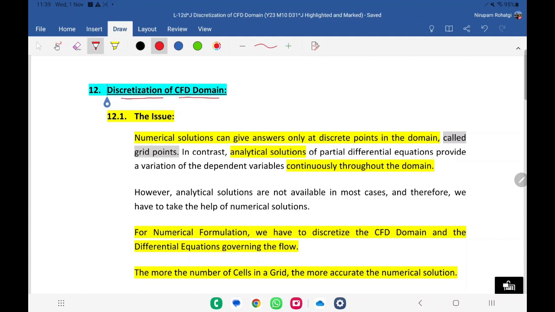So the numerical solutions can give answers only at discrete points in the domain called grid points.